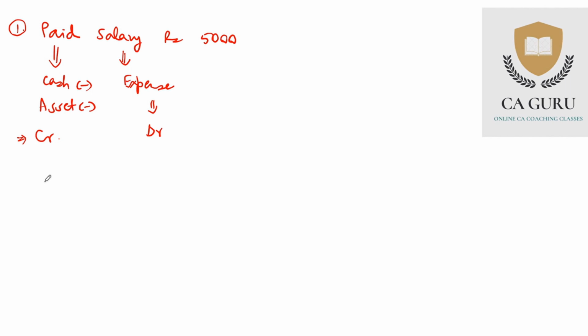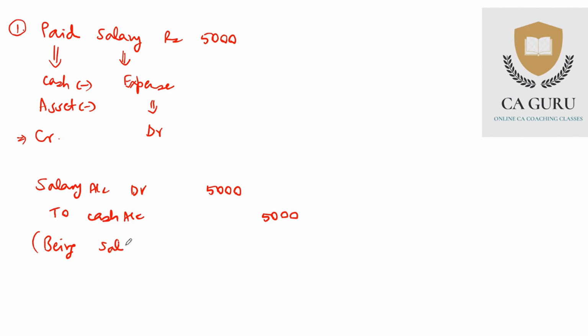So the ultimate journal entry will be salary account debit to cash. And what is the amount? It is 5,000. And you also have to pass the narration, which will start like this: being salary paid.